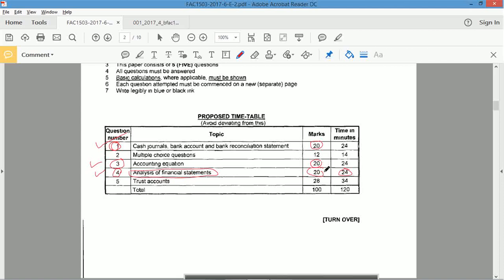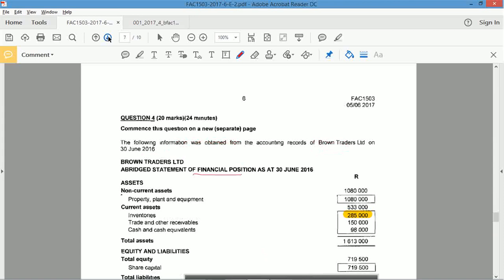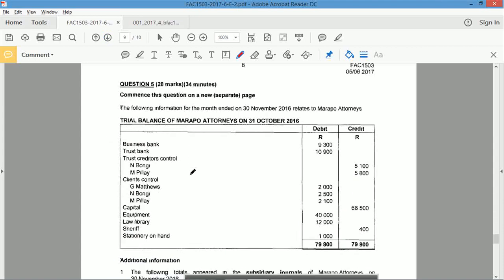Okay. Right, what do you want to do next? Let's do our trust account. Correct. Okay, let's do the trust accounts. Number 5. Trust accounts marks 28 times 34. There's question 5.